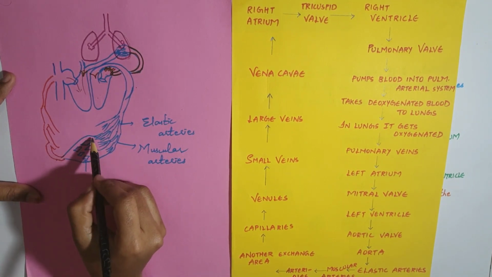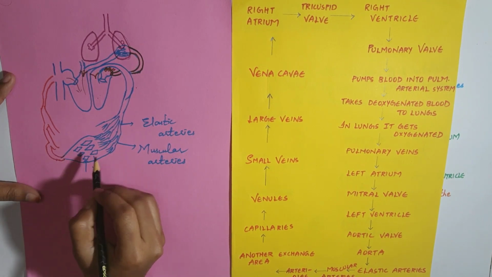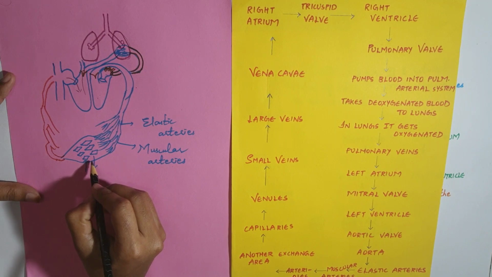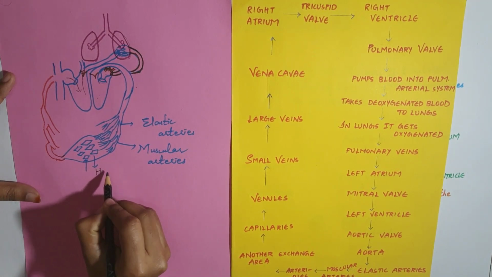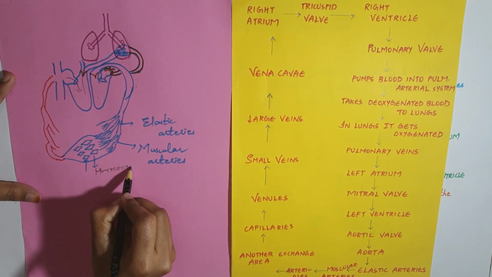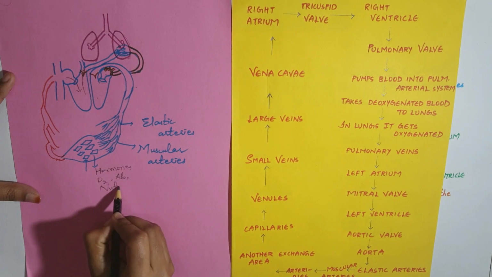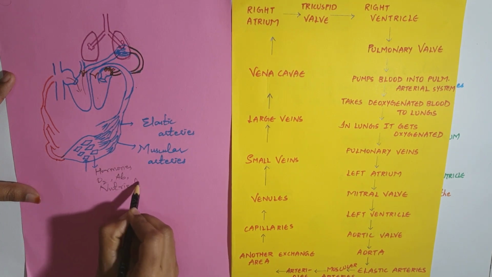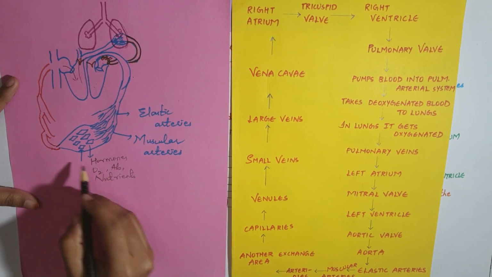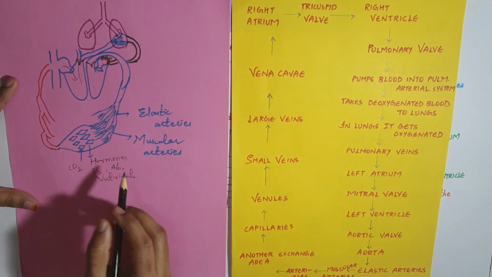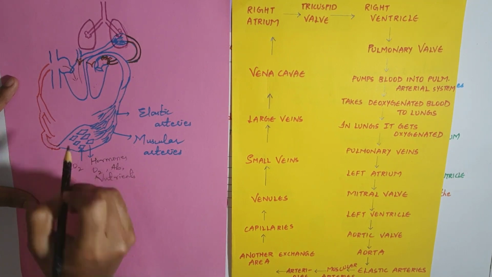arterioles. There is another exchange area where exchange occurs between the blood and the tissues. Hormones, oxygen, antibodies, nutrients are transferred to tissues, and the metabolic waste and the carbon dioxide enter into the circulation.